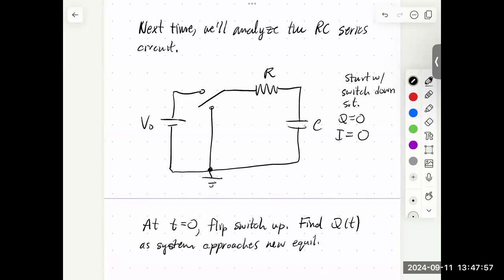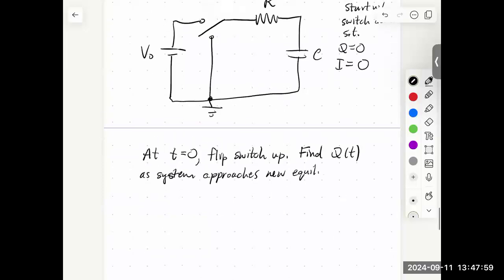Okay, so let's do the Kirchhoff loop rule with the switch up. With the switch up, we're going to go around this outside loop here.